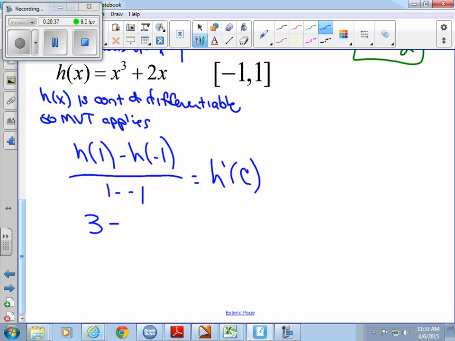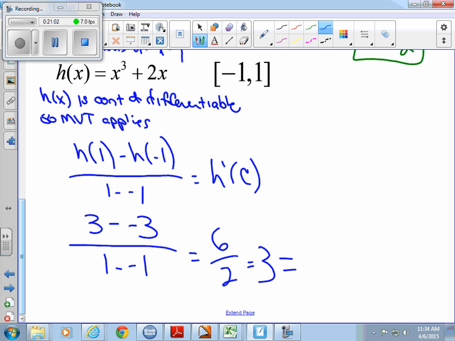Is that right? Yes. Hold on. Negative 1 minus 2. Oh, negative 3? Yeah. Make me question myself. 6 over 2, which is 3. And that should equal h prime of c.